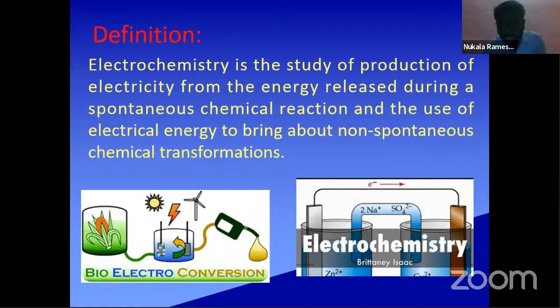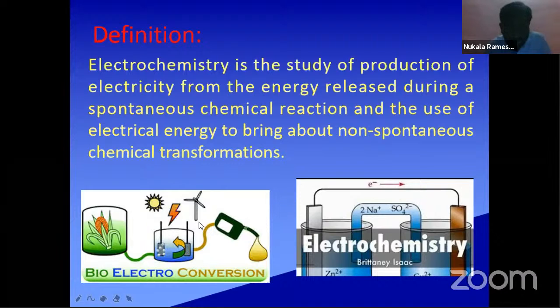These two pictures belong to some of the applications of electrochemistry. Bioelectroconversion means from bio sources we convert into electrical energy, then it is converted into fuel energy.